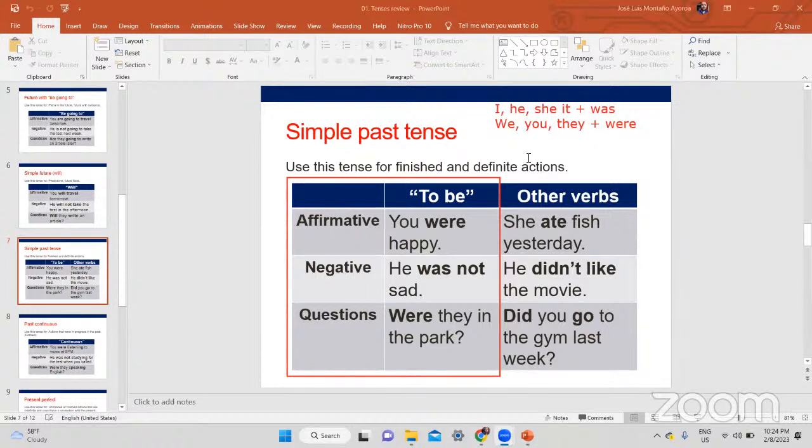Now, question. What question can you ask about you? Or actually about you in the sense of you and your family.